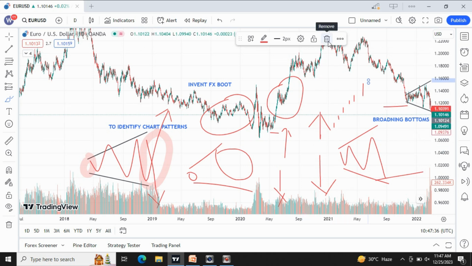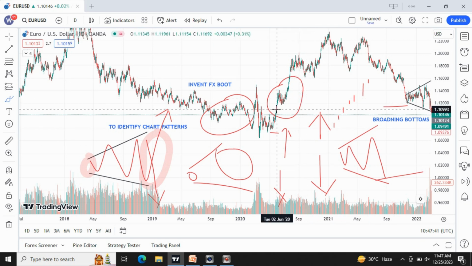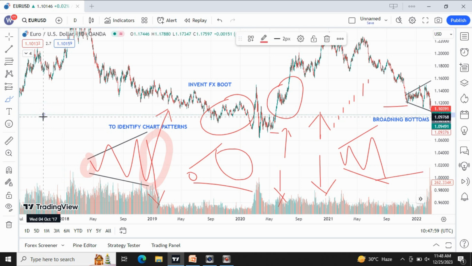You discover that the price is low before the broadening bottom starts forming. The price will decline before the broadening bottom begins to form. So I'll show you here. It will go down to a minimum, then it starts coming up gradually.